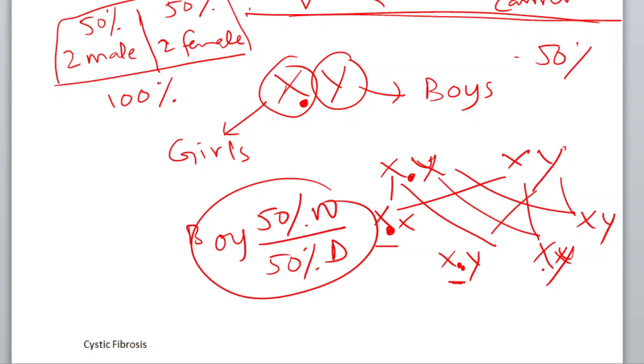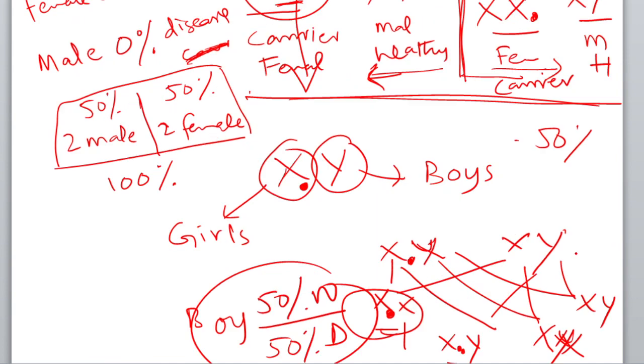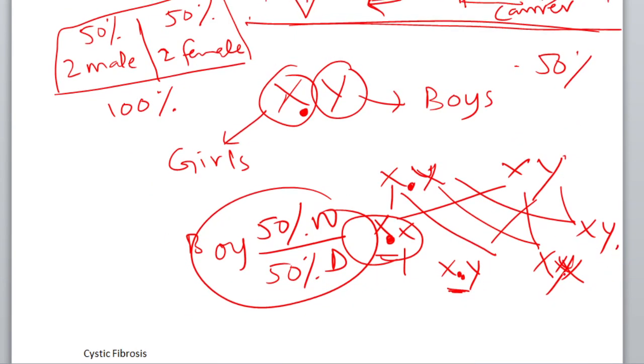If they talk about all the children generally, then you can say 25% are normal, 25% are diseased, 25% are carriers, and 25% are healthy. So 50% are healthy, and 25% are defective.